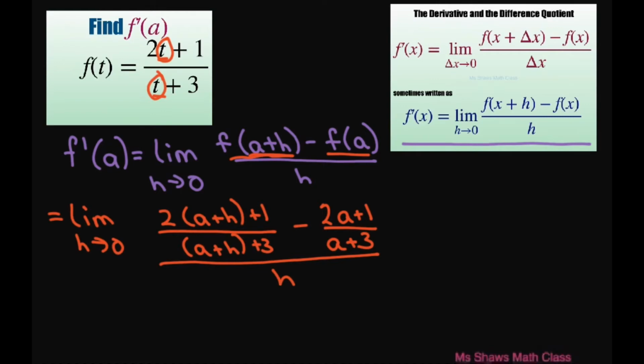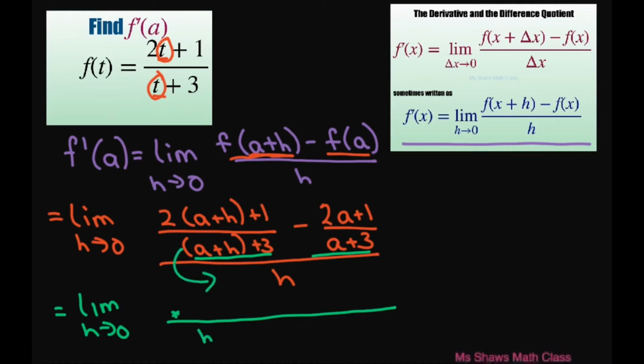The next step we're going to do is do the limit as h approaches 0. And again, I'm going to go way down here a little bit. Use my common denominator. So our common denominator is going to be h times (a plus h plus 3) times (a plus 3). Now all we have to do is cross multiply so it satisfies the new common denominator.